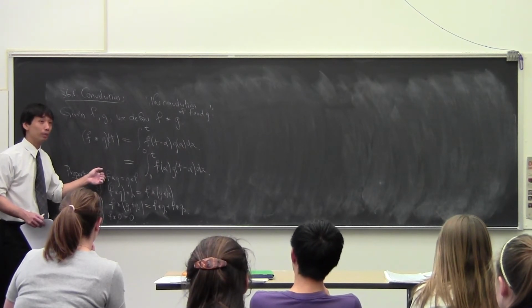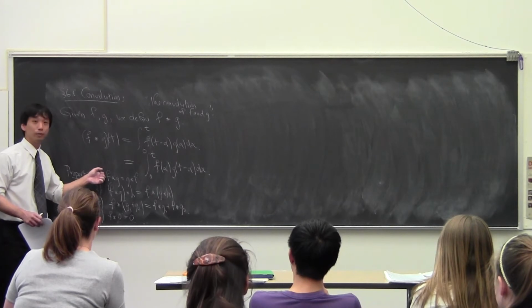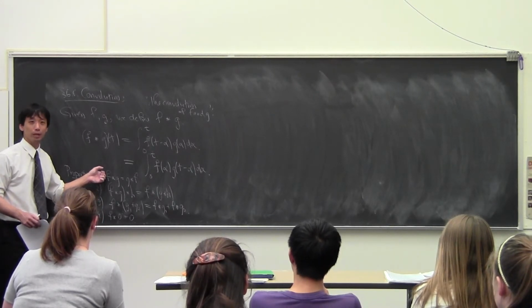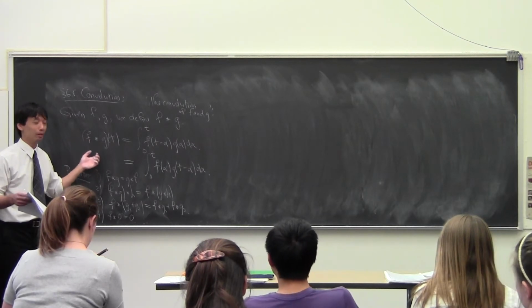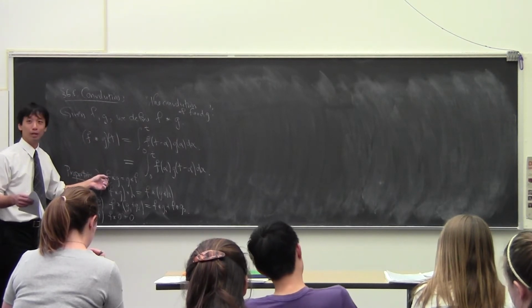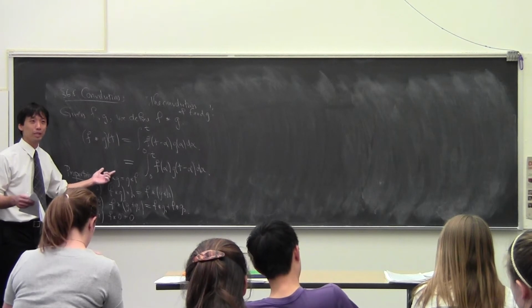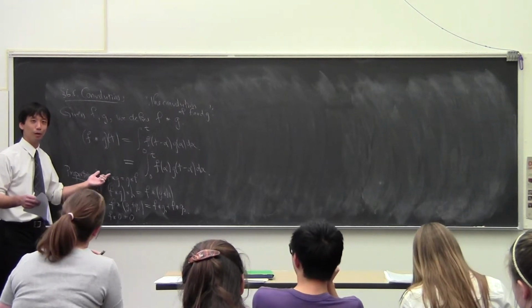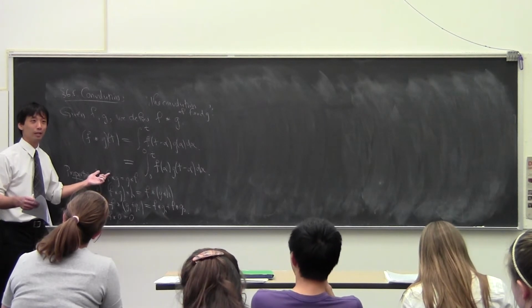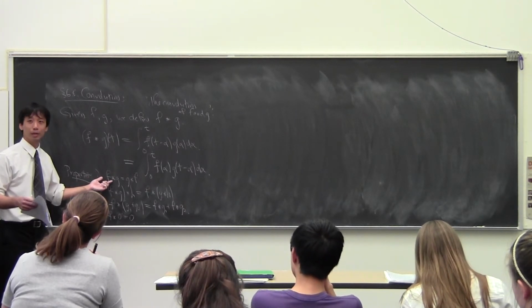And maybe even better, you want inverses. If there is an identity, then you want to be able to deconvolve: suppose you convolve with some function, you want to deconvolve and get rid of the convolution.